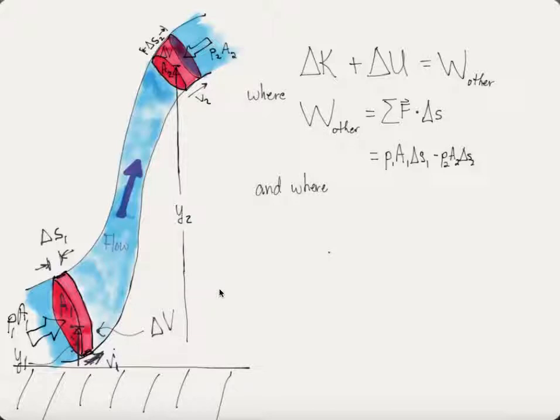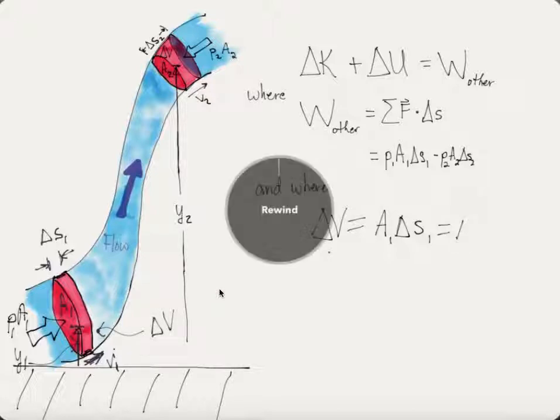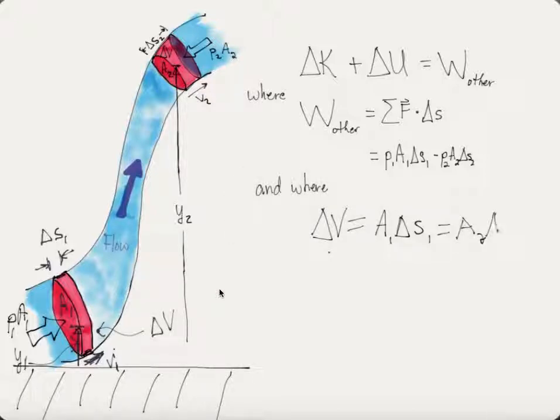And I could just go ahead and write this in, but it's basically where delta V is just going to equal A1 times delta S1. It's also going to be A2 times delta S2.